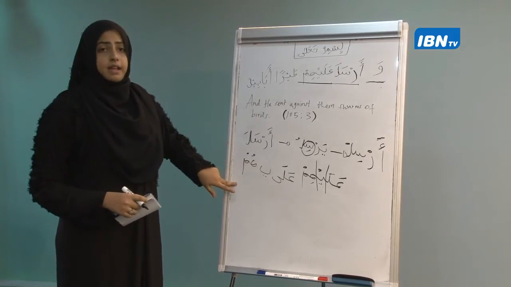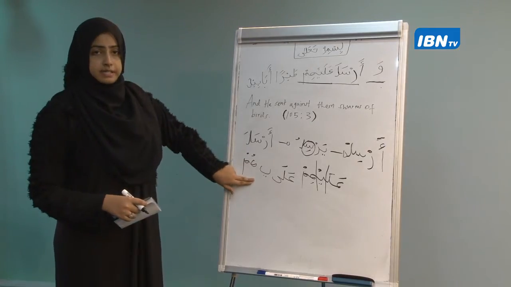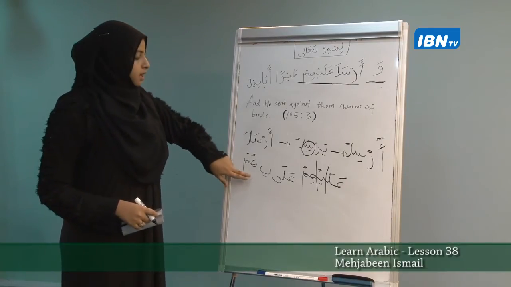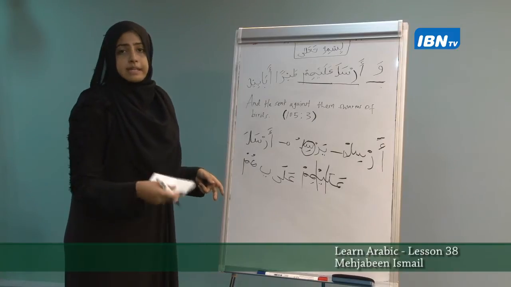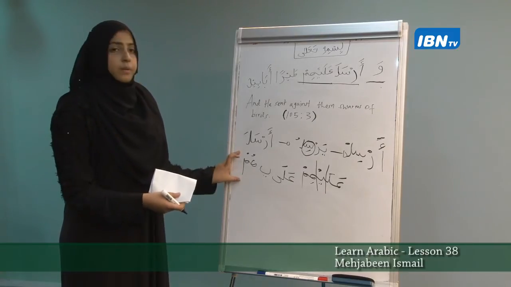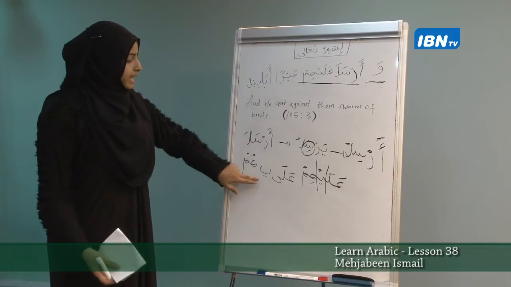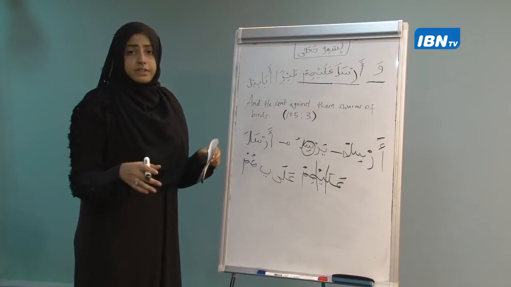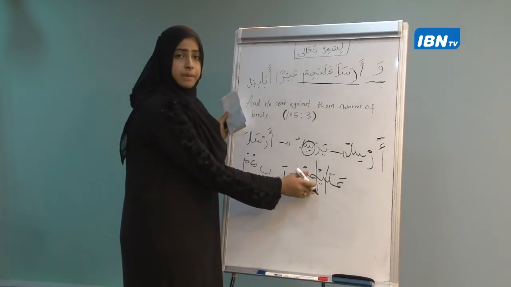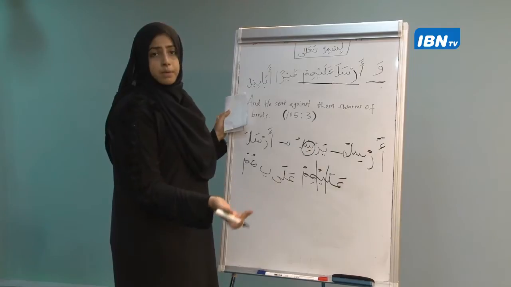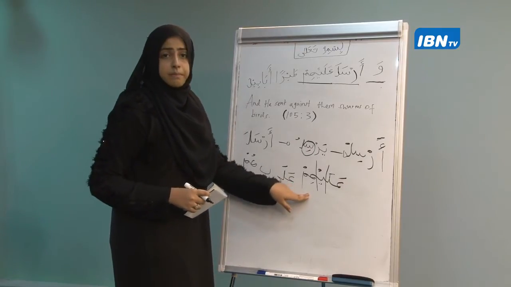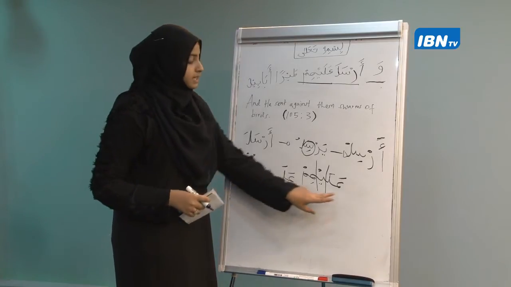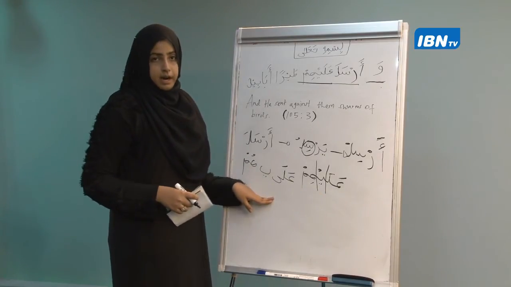You know, we had done, of course, the dhamir munfasil, the personal pronoun, that the independent pronoun hum is also a type of a dhamir munfasil, meaning an independent pronoun. It's always on its own. However, in this case, alayhim, if I tell you to identify what is this, dhamir muttasil or is it dhamir munfasil? In this case, it is dhamir muttasil, meaning it is attached. It is attached to what? It is attached to the preposition ala.